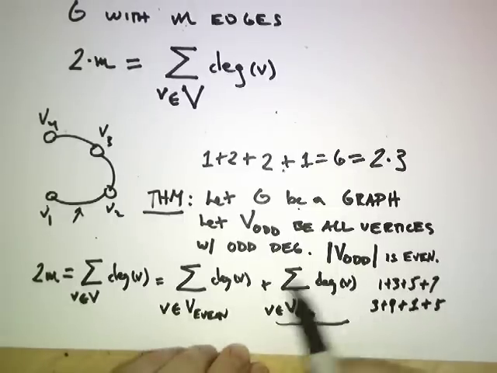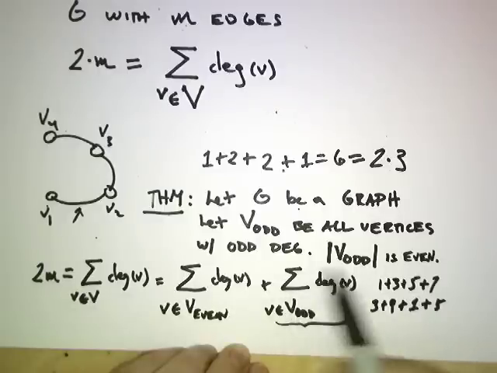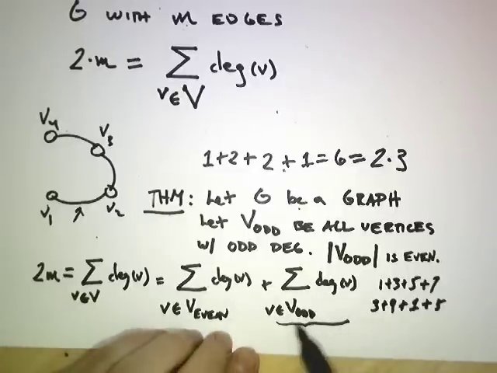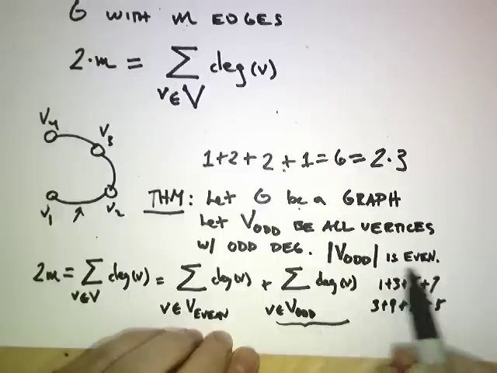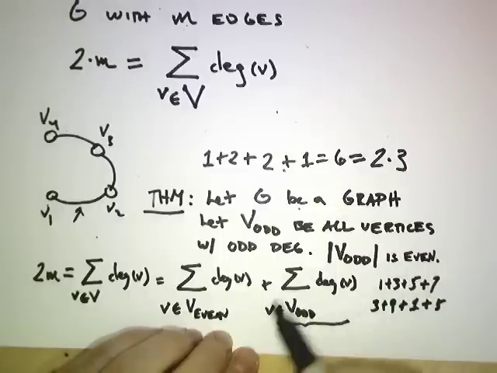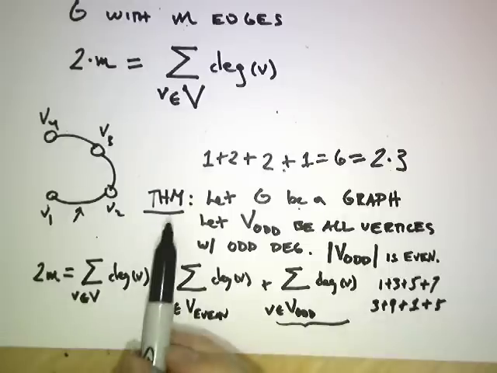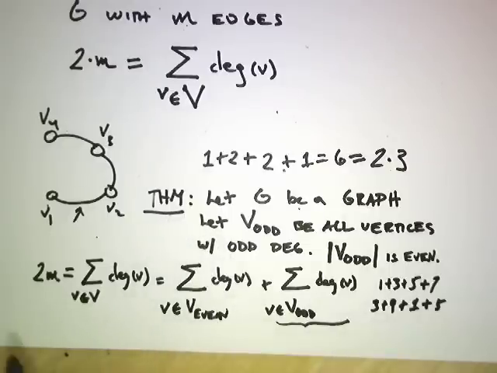So yes, each term in this sum is odd, but there must be an even number of terms to make this entire sum even. Again, because we have even equals evens plus this sum. That means that the number of terms in this sum must be even in order to make the overall value of this sum be even. So the number of vertices of odd degree in any graph has to be even.